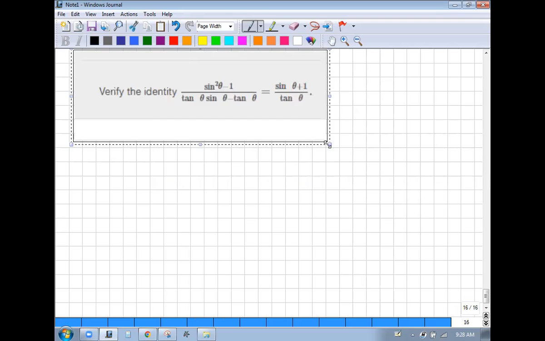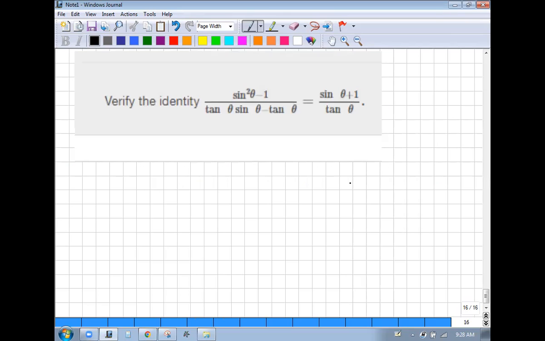Let's try it a different way. All right, I'm looking at this, and let's try to just go from left-hand side to right-hand side. The left-hand side, at least this is a fraction and that's a fraction. They have that in common. I could turn everything into sines and cosines, right?